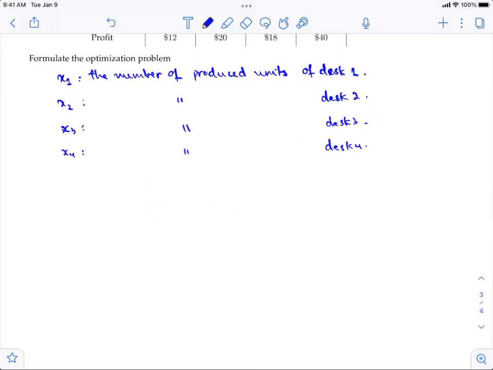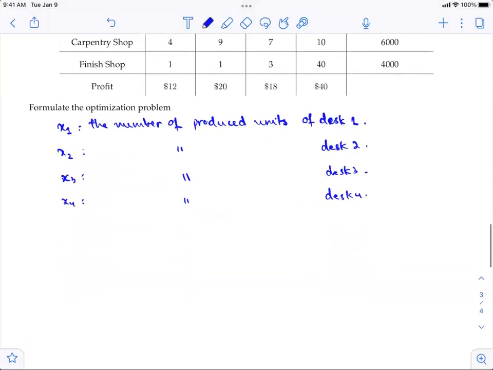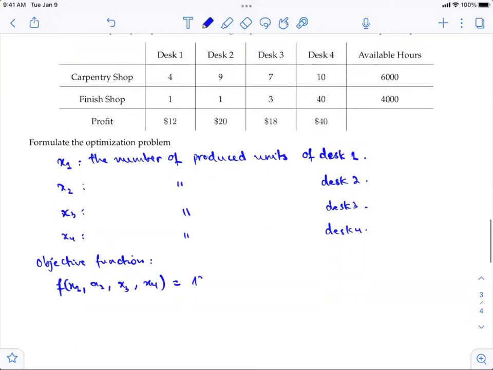All right, so what we're trying to do, of course, in reality, is maximize the profit that we're going to gain. So you come up with the objective function. In this case, you have 4 different types of desks. So f of x1, x2, x3, x4 is going to be 12 times x1 plus 20 times x2, sorry, plus 18 times x3 plus 40 times x4.